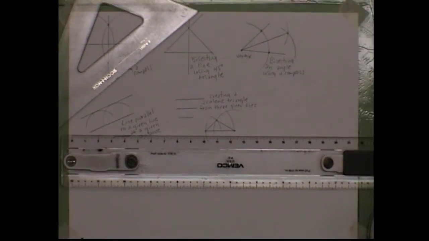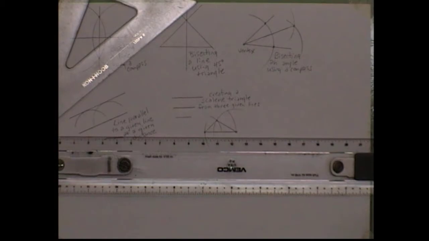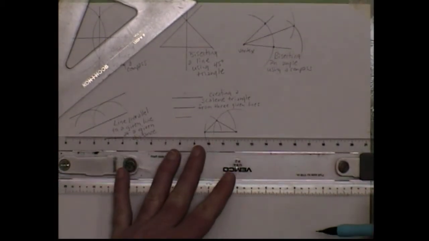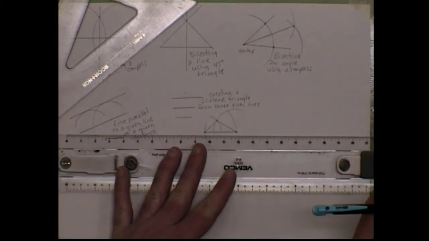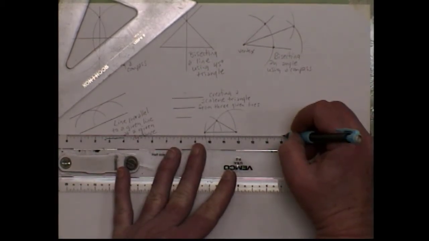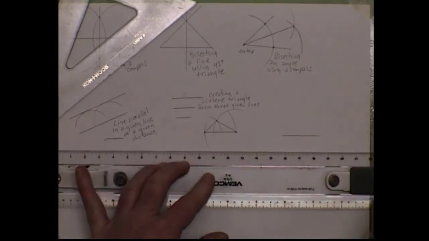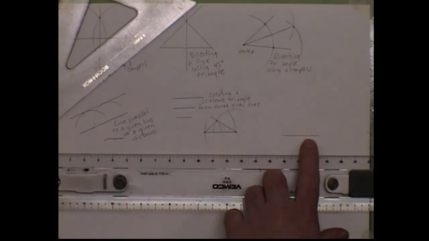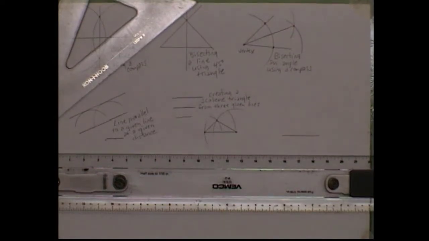So with your horizontal straight edge, I want you to make a line about 1 inch or so. It doesn't have to be real big. And so here's my line. Yeah, a little over 1 inch. You can see the proportion of my line on the screen.